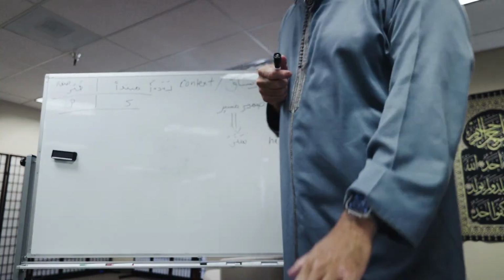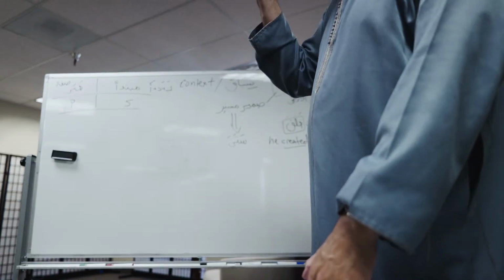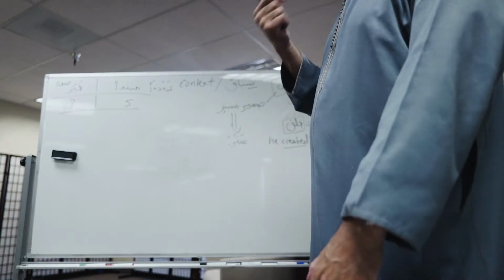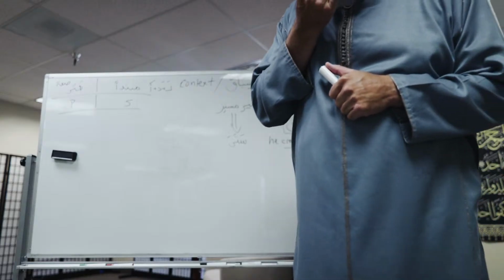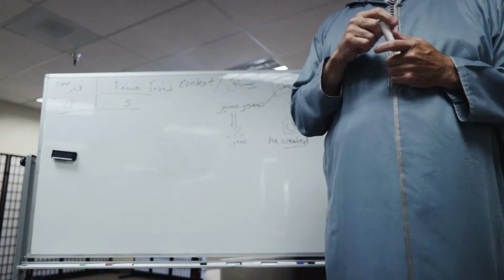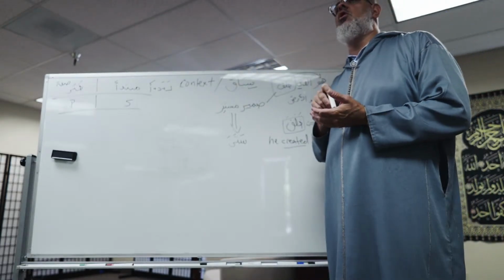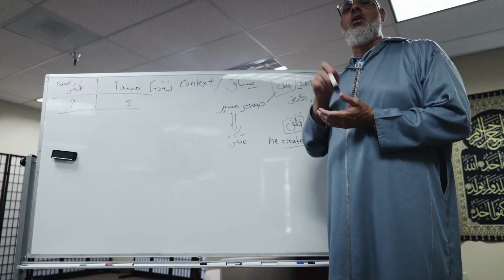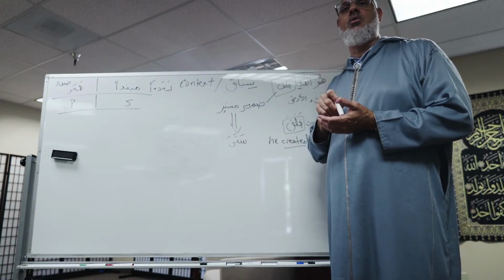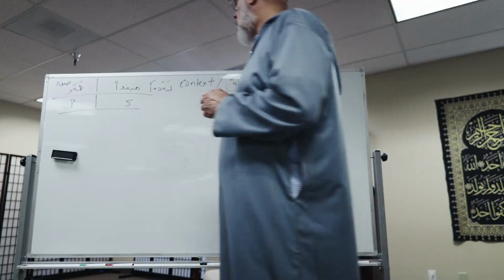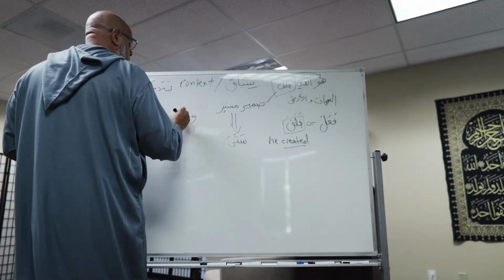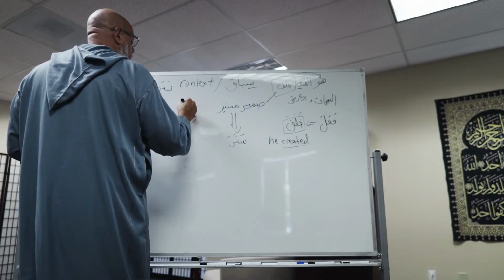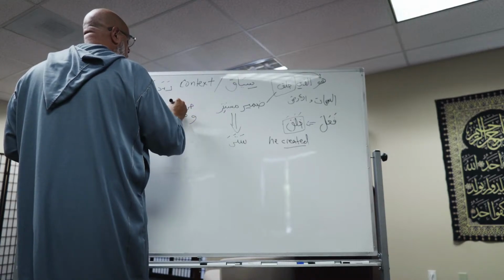So in this case, we begin with وَمِن, min harf jar. So sunan is in a state of jar. And then al-wudu'i is also going to be majroor, but why? Not because of the harf jar, but because it is what? So we have wa min harf jar.